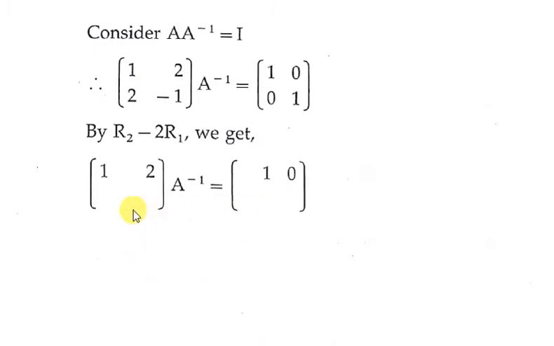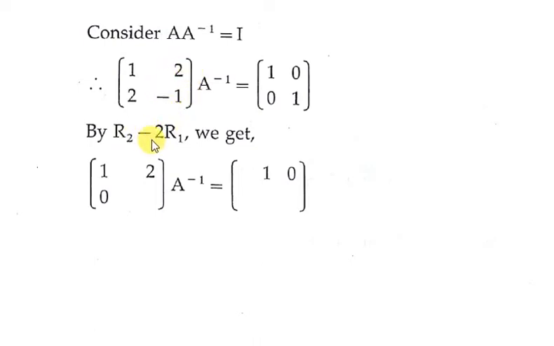Okay. Now begin with finding the values one by one. For finding this value, check which values lie in the first row and second row. In the first row the 1 lies and in the second row 2 lies. So substitute R2 is equal to 2 and R1 is equal to 1 in this equation. You will get 2 minus 2 into 1, that is 0. Next value: now here R2 is minus 1 and R1 is 2.